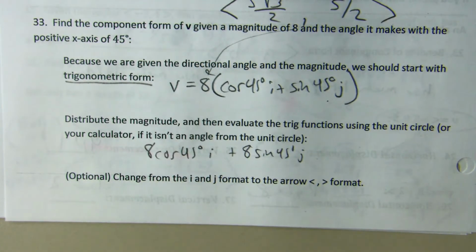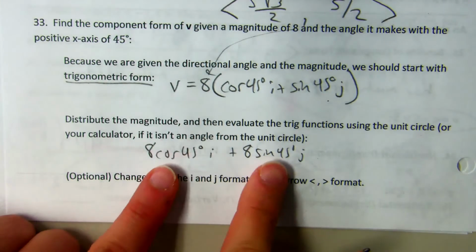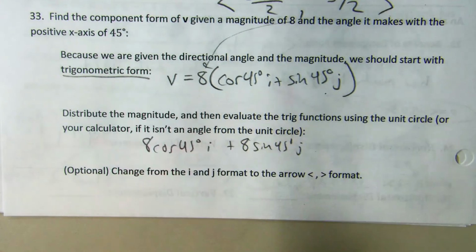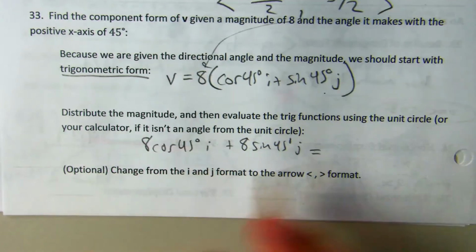So that would be a good start. Distribute. Since you're supposed to know the sine and cosine of 45, the only trig thing you really need, you should simplify this a bit.